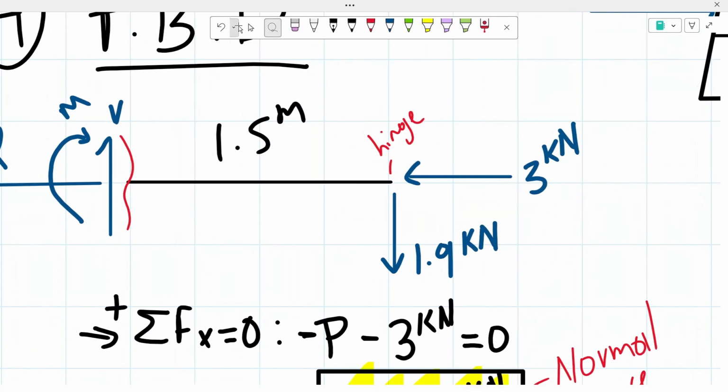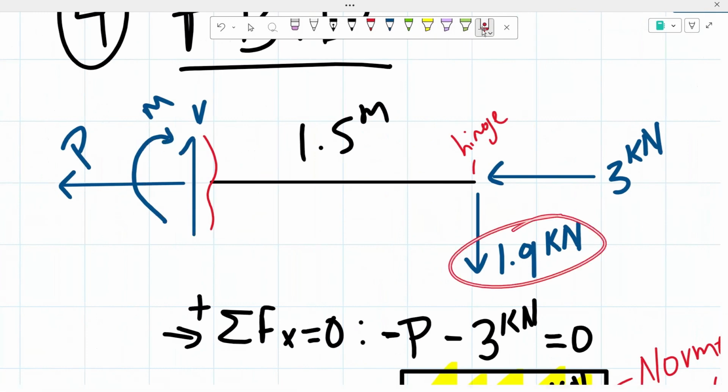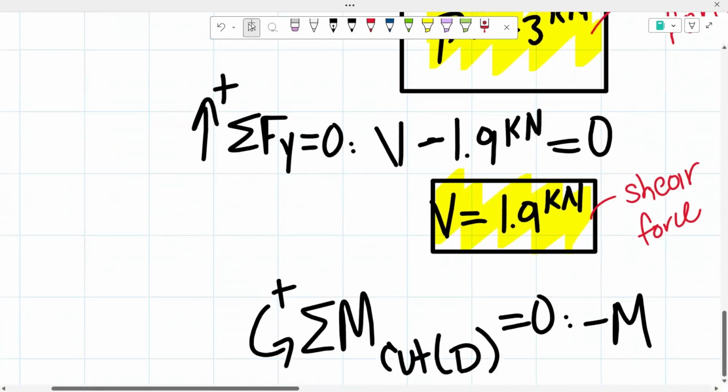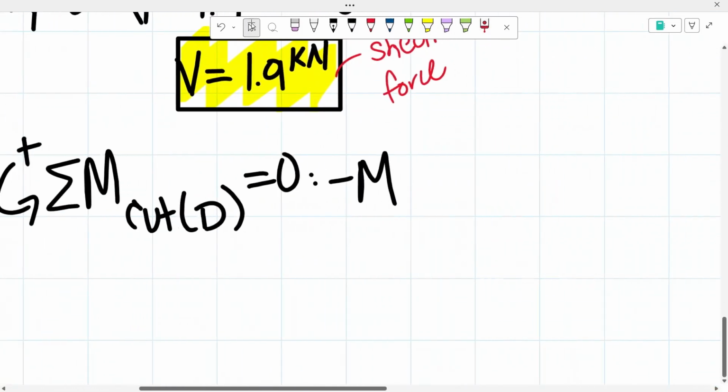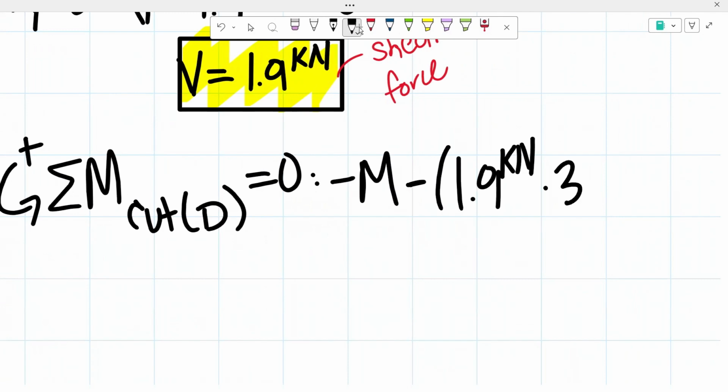It will be creating, since it is to the right and going downwards, a clockwise moment as well, with a force of 1.9 kilonewtons and a distance of 1.5 meters. So we have another negative moment: force 1.9 kilonewtons, distance 1.5 meters.